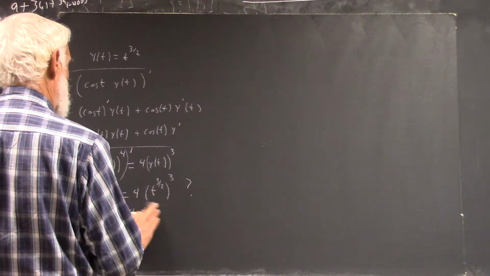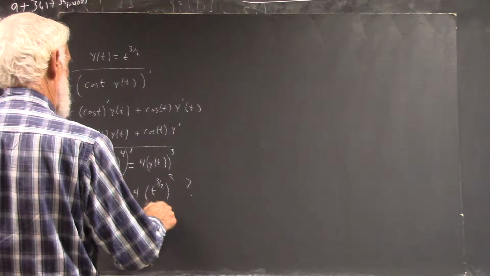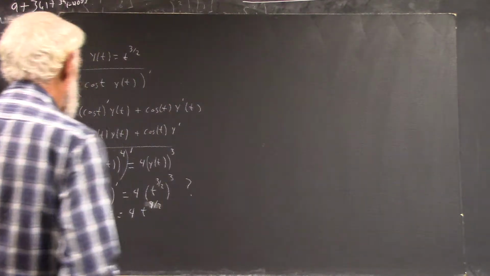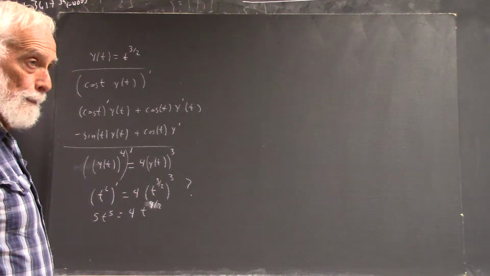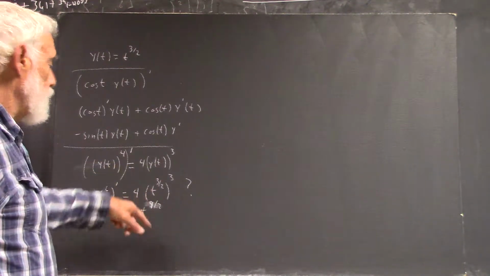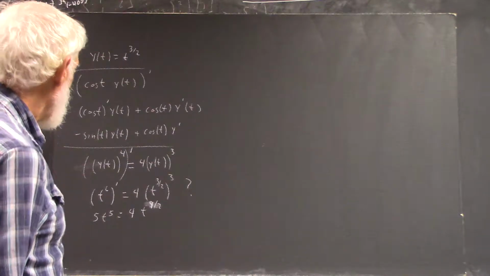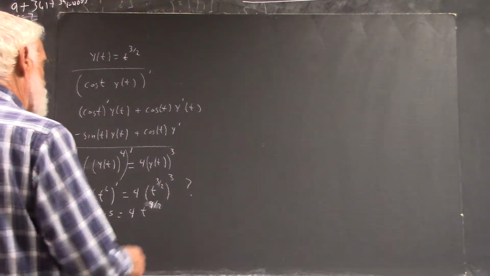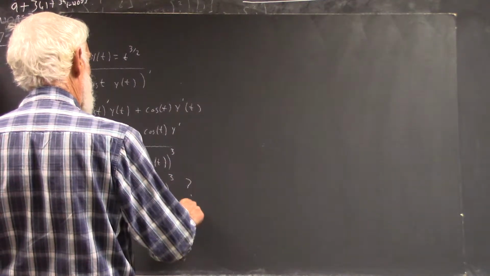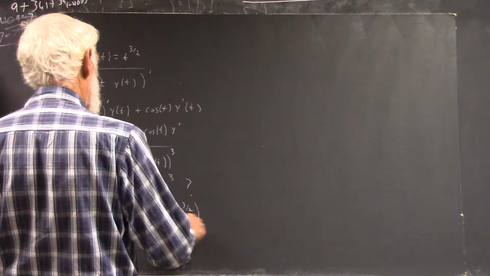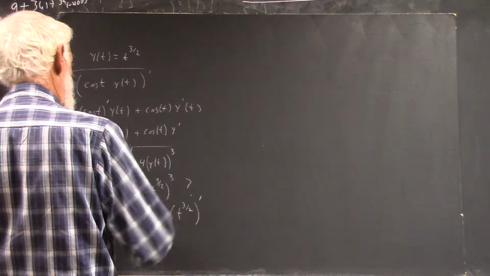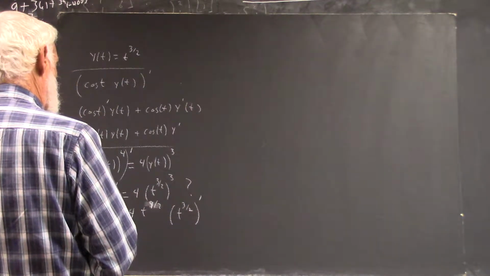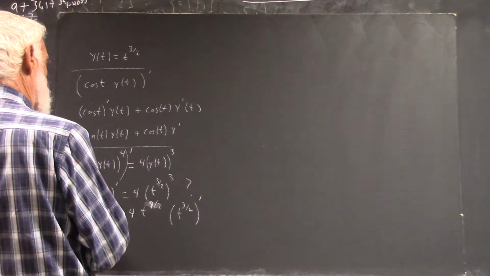Clearly not the same. So what's wrong with that? We're taking a derivative of a 4th power, we're getting 4 times the 3rd power, right? Well, it's because y is a function of t. It's 4t to the 9/2 times the derivative of t to the 3/2.